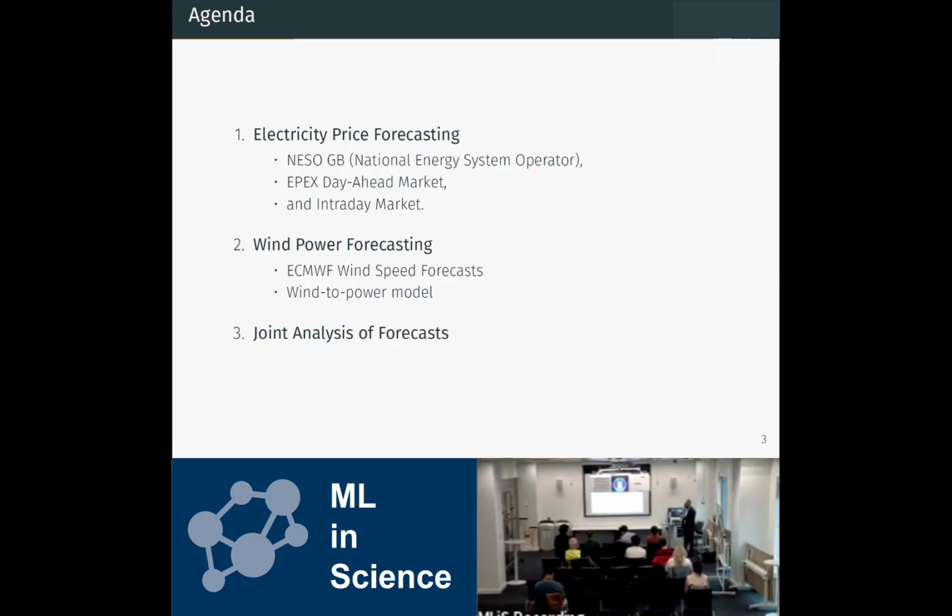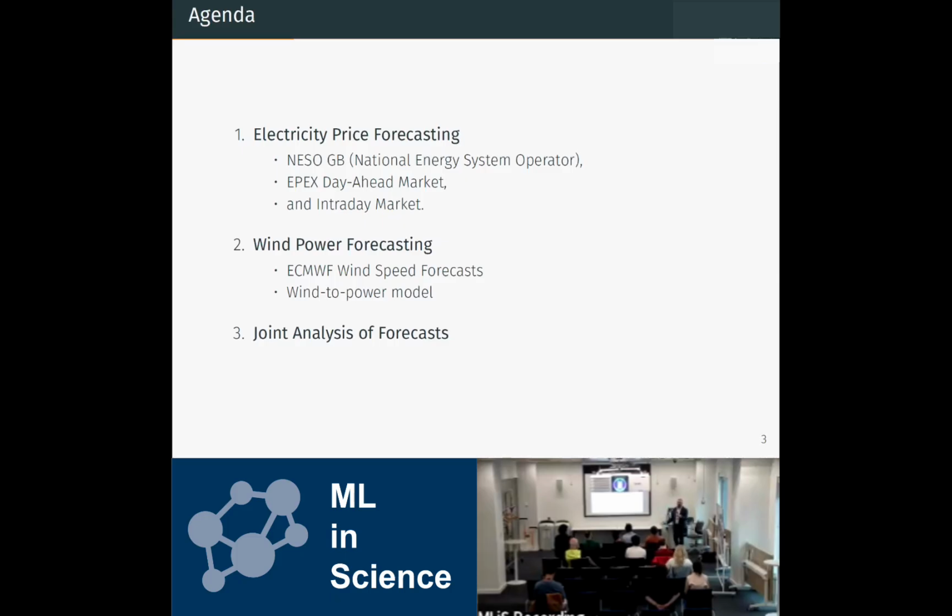One can ask, why are you not building a forecasting model for the electricity price alone? The general idea is that we want to incorporate the updated forecast of the wind power generation into the price, because we strongly believe that the updates on the wind power forecast that market participants have will help them adjust their positions better.